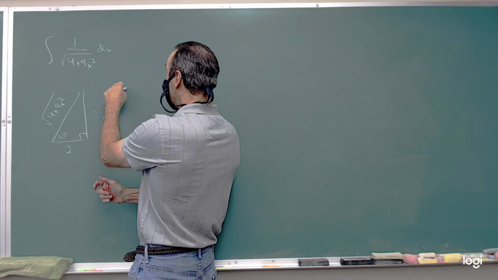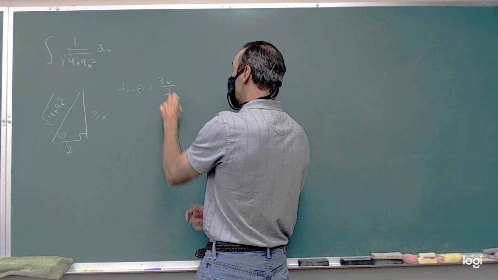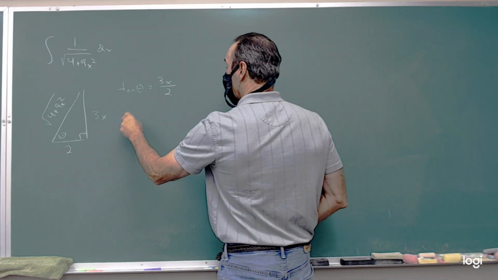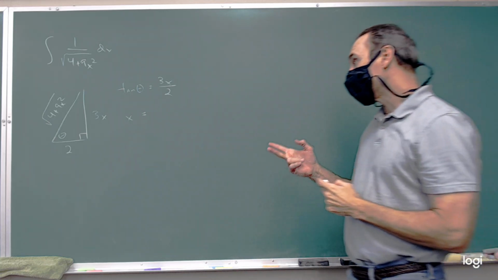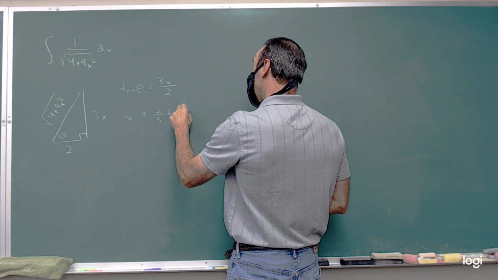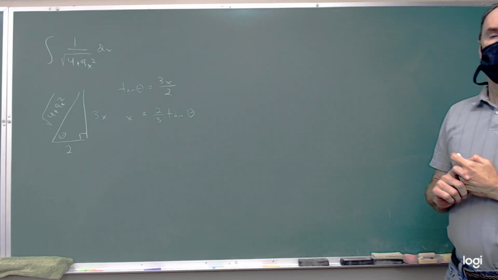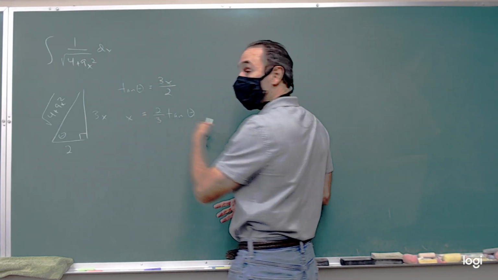So we have tangent of theta is opposite over adjacent. We want to solve for the x so that we can get the dx. So we're going to multiply by the reciprocal, so that's going to be 2/3 tangent of theta. Now we're going to take the dx, because we have to replace this dx by something with thetas in it.